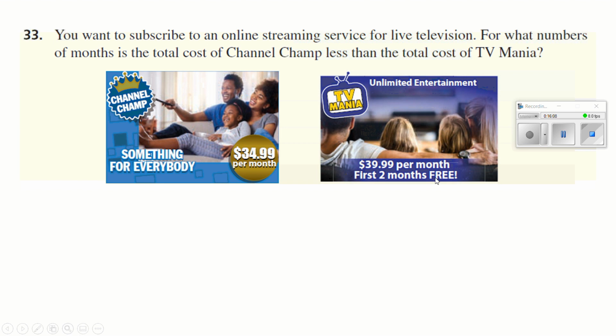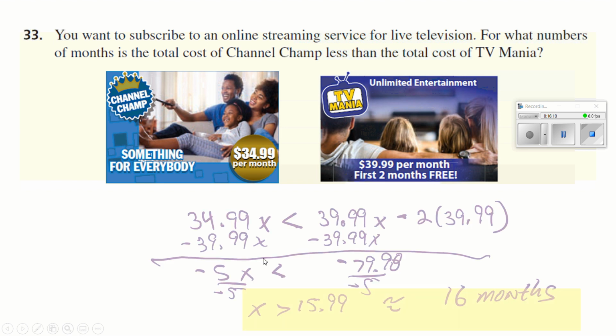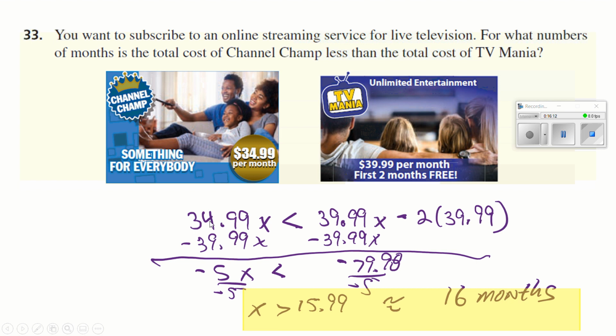First 2 months are free then. So to set this up, on one side, I'm paying $34.99 times x, that's the number of months. But over here, I'm paying $39.99 times the number of months, but I'm subtracting 2 payments of $39.99. I know that $39.99 times 2 is going to be $79.98.